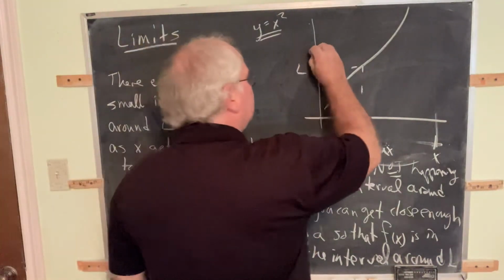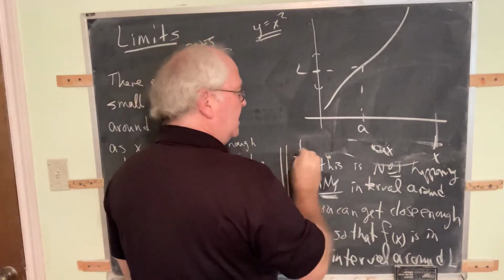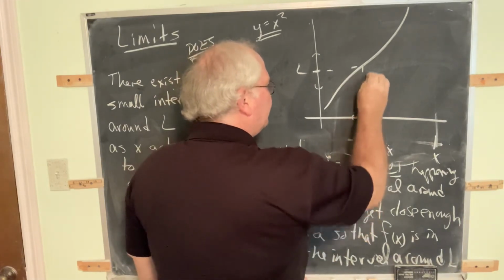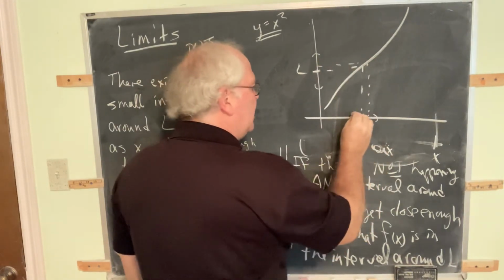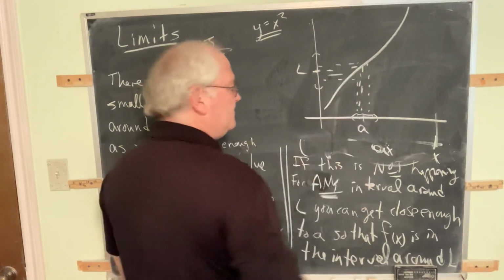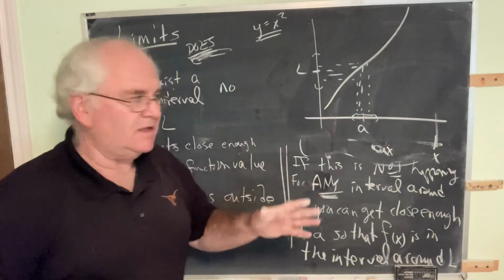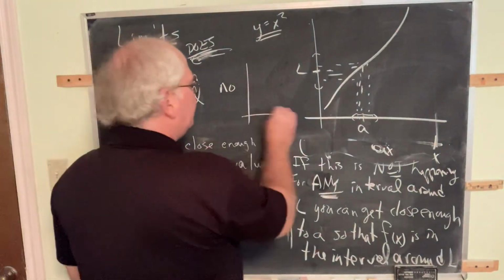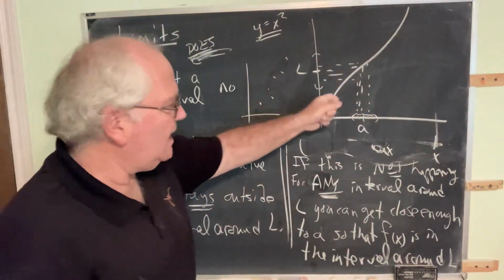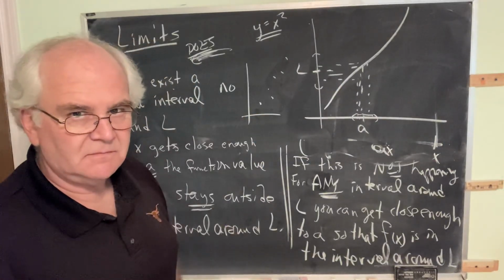But I would have a very small interval around L. What we want to say is you can get close enough to A that this function value is inside. Not just that, every one of these function values is inside of that little interval. If that happens, that guarantees we do not have the separate individual discrete points. The only way this can occur is if you have a nice smooth curve.